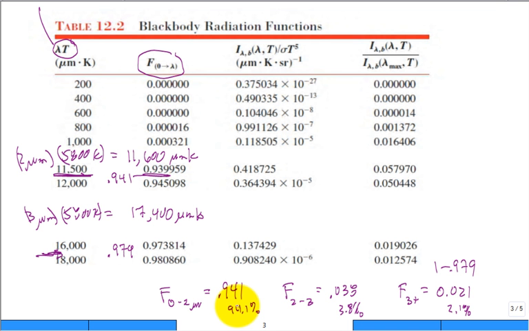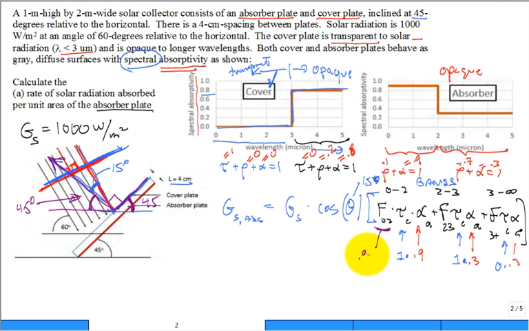That's a lot of work, right? You able to get that correctly? So now we can go back and we put the 0.941 there. We put the 0.038 there. And we put the fraction there of 0.021.